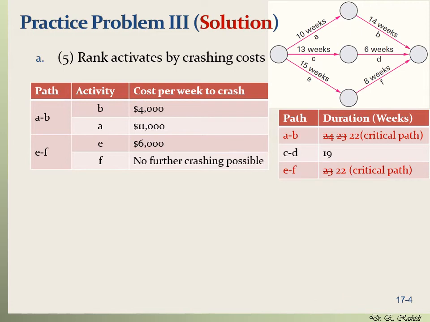If we crash B by 1 week, the length of the path AB is going to be reduced by 1, so it's going to be 21, and the length of EF by crashing E is going to be reduced by 1 week, so it's going to be 21 as well.